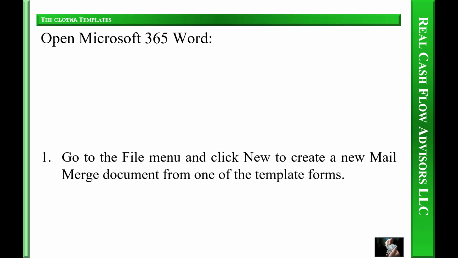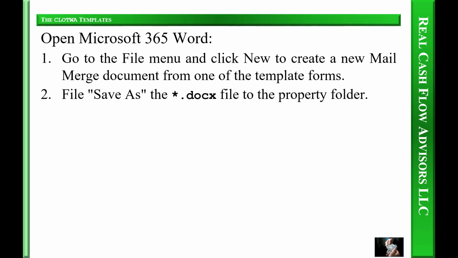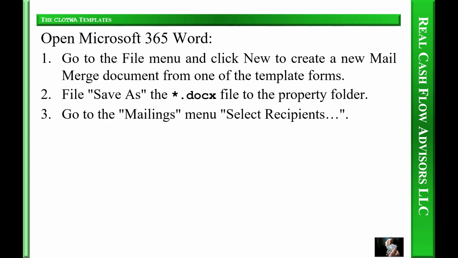Open Microsoft 365 Word. Go to the File menu and click New to create a new mail merge document from one of the template forms. File, Save As the docx file to the property folder. Go to the Mailings menu, select Recipients.